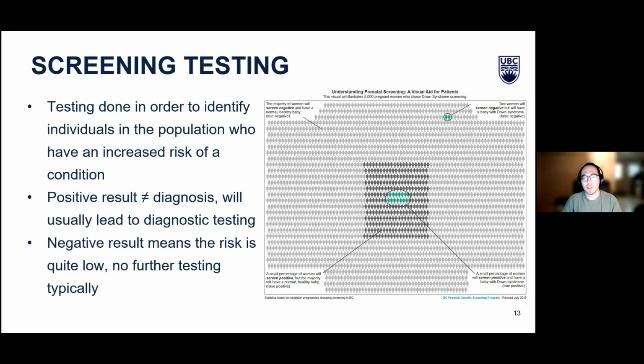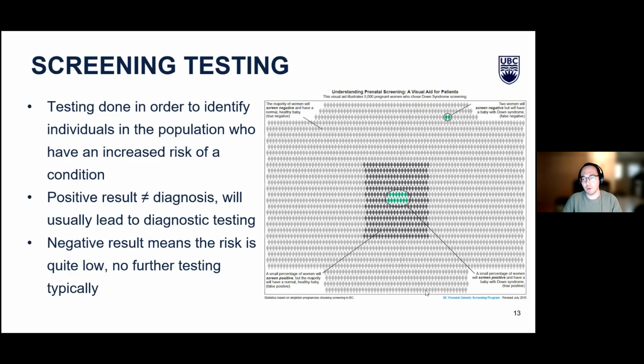So this means that if you screen positive for a genetic condition, it does not mean that you have that genetic condition. So it's not diagnostic. It simply means that you have a higher risk of that genetic condition. And similarly, if you screen negative for a genetic condition, it does not mean that you do not have that genetic condition. It just means your risk is quite low.